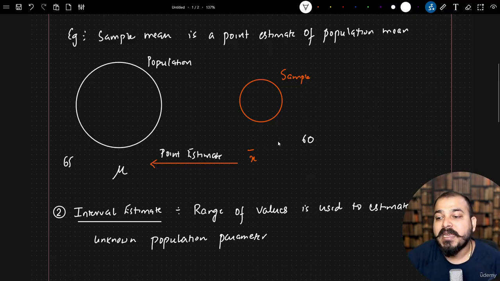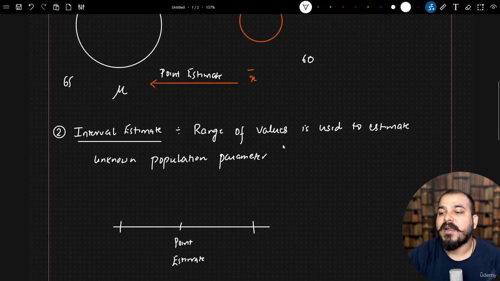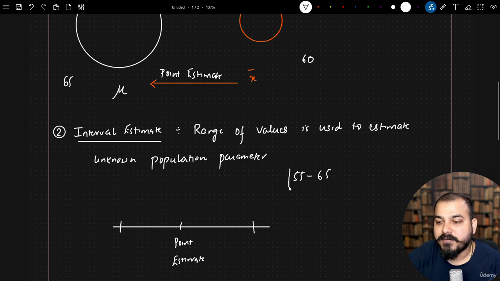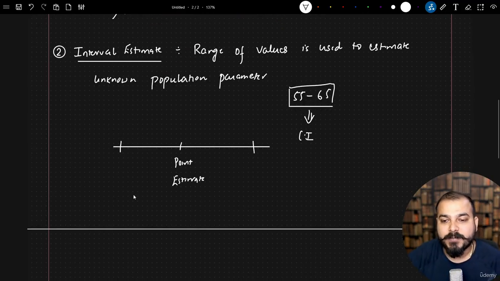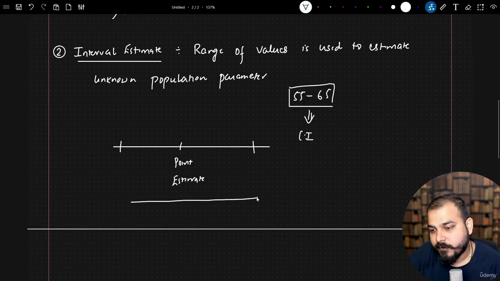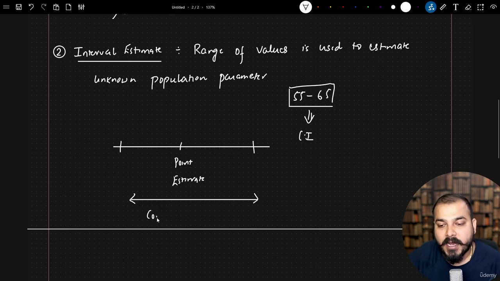So I can keep a range between 55 and 65. This range is specifically called a confidence interval.